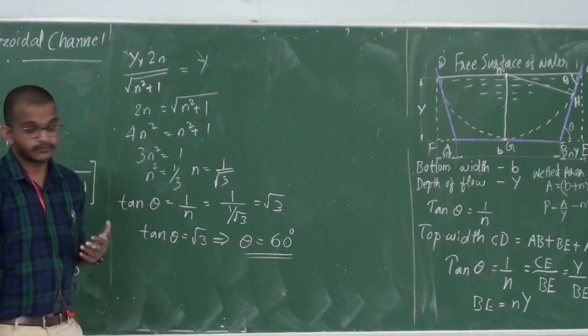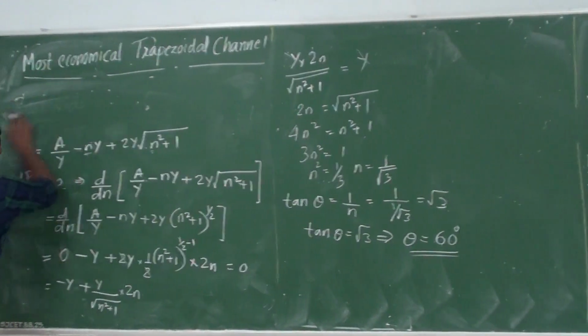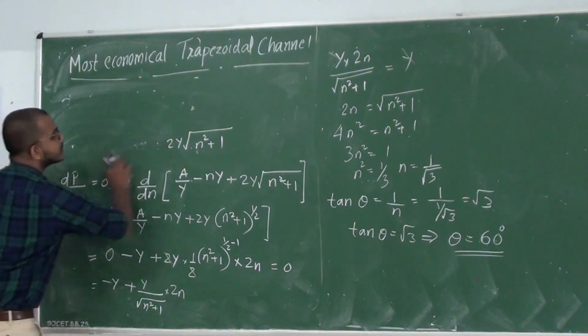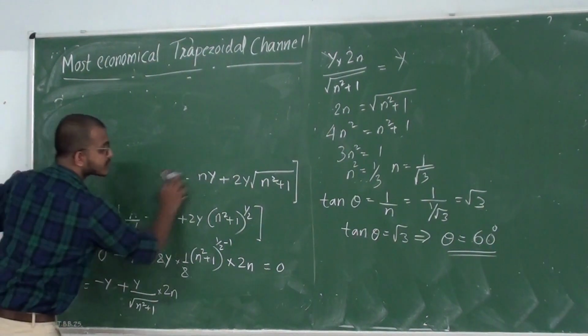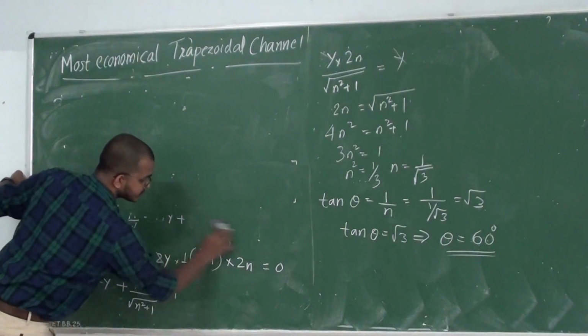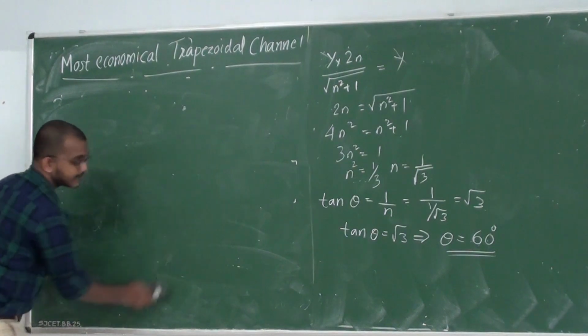What was the first condition? The first condition was length of side slope is equal to half of top width. So let us substitute n is equal to 1 by root 3 in that condition.